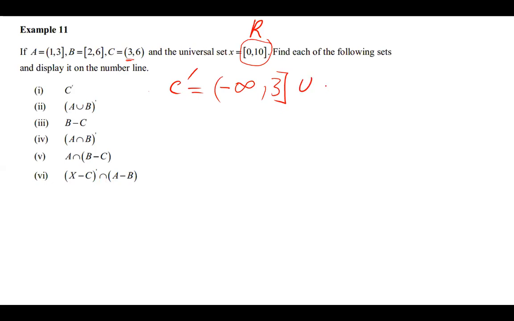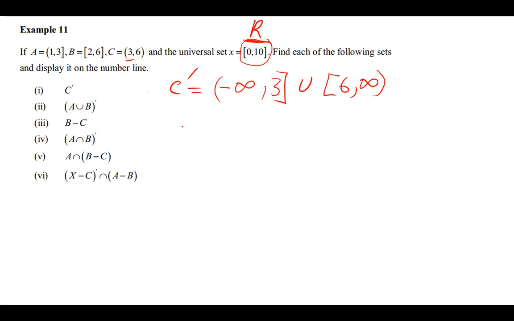And then we say union, and then we write 6. Since 6 is not part of the set C, it's going to be part of the complement. And then comma, and since the universal set is a set of real numbers, we say up to positive infinity. This would have been our answer if the universal set was the set of real numbers.